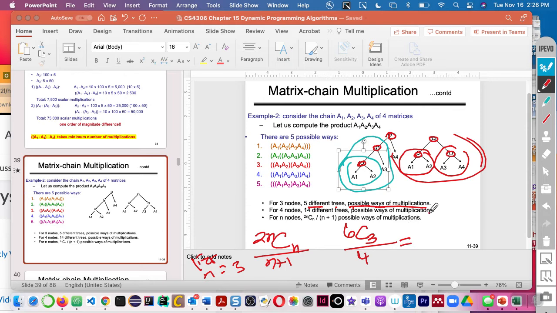So that means 6 times 5 times 4 divided by factorial 3 and times 4.